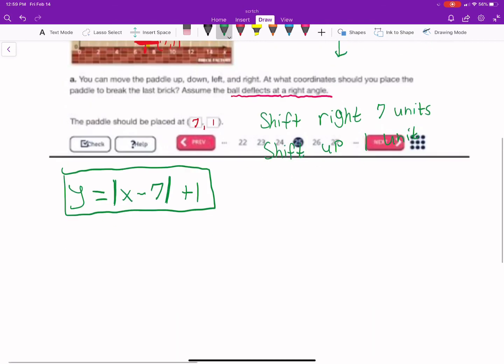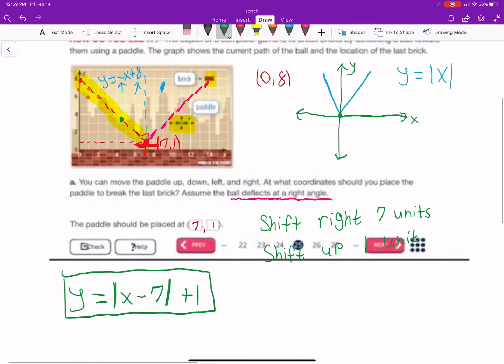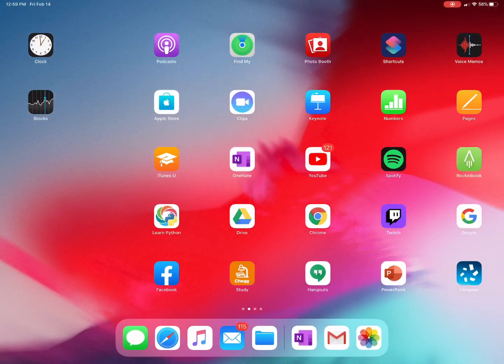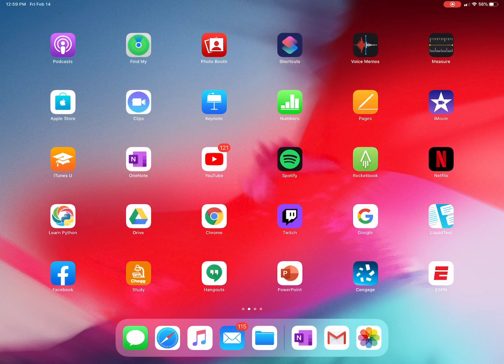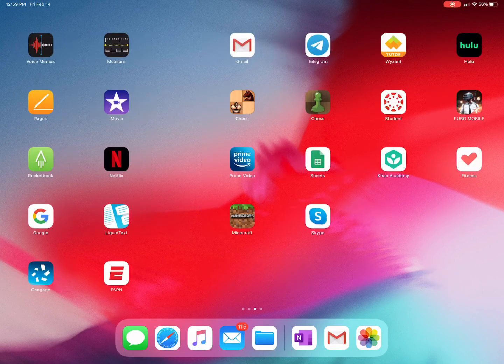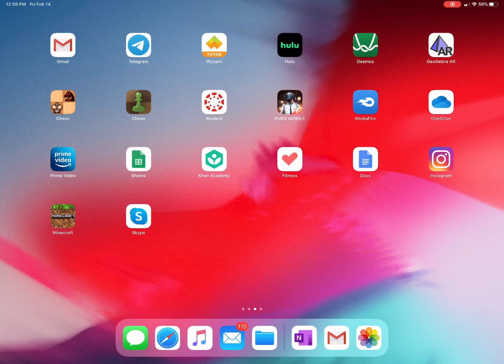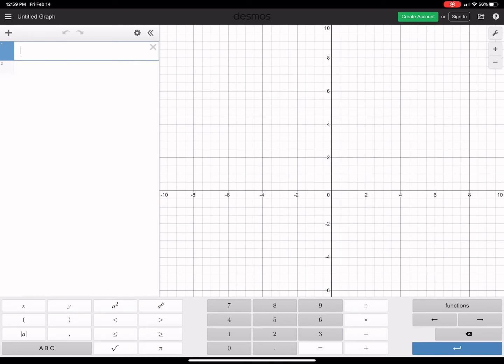And let me see if I can find, here it is, Desmos. So we can actually graph this function and see it.